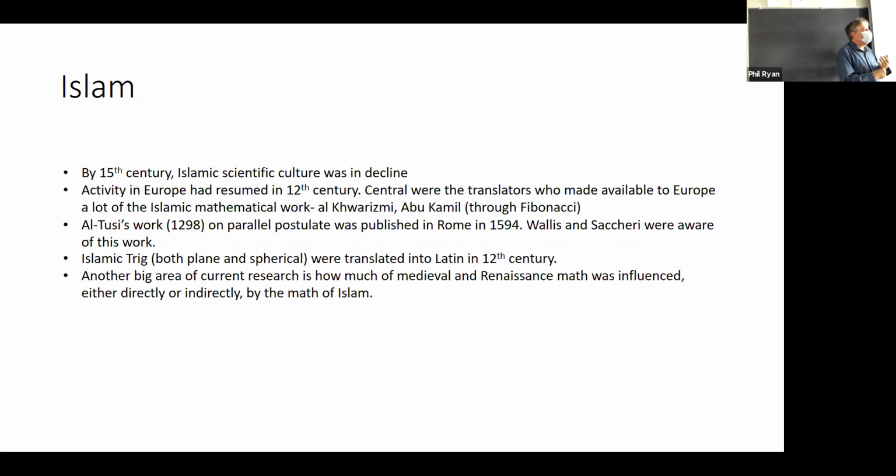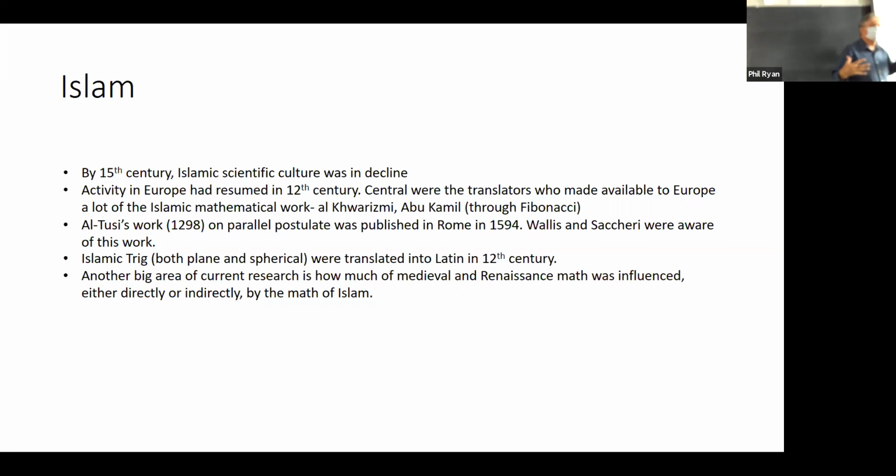And so basically Al-Samawal thought of his ideas first, but they had to be rediscovered by European mathematicians. But that was okay because they had this great influx of ideas.